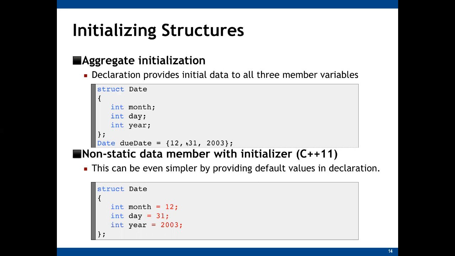And you can explicitly provide a default value of a member variable when you are defining the structure. So for example, here, the default value of month is 12, day is 31, and year is 2003. This can only apply to non-static members. And it is a new feature, which is included in C++11.